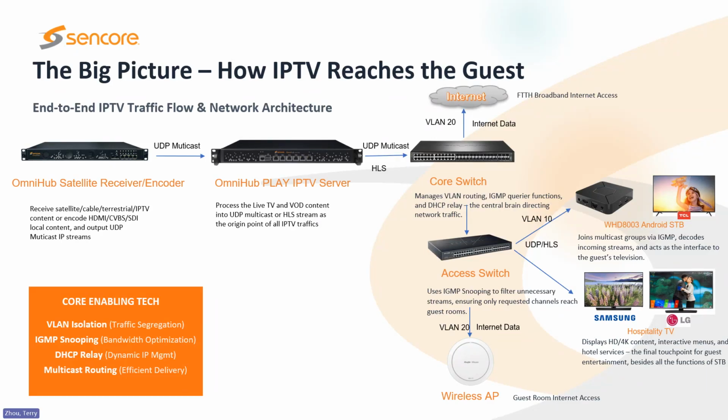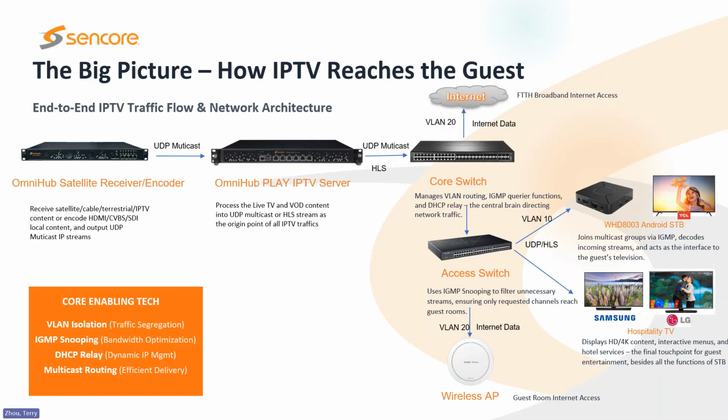From an IPTV system perspective, the most important part is the content source. We have live content. So where is the live content from? Typically, we can use a receiver and encoder product to receive all this content.